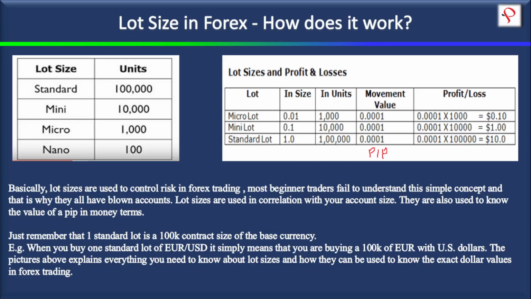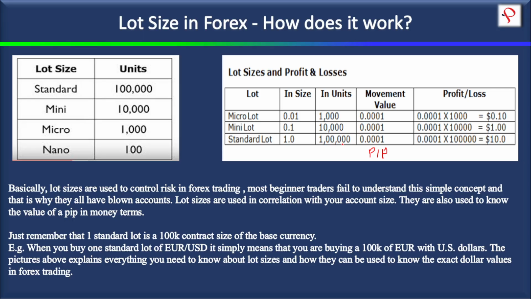If you watched my previous video on pip, I explained it, percentage in point or percentage in price. So the movement was just 1 pip, and the lot size you used to execute that trade is one standard lot size. This is what it means: if you're executing a trade with one standard lot size, you are buying 100,000 base units of a currency.